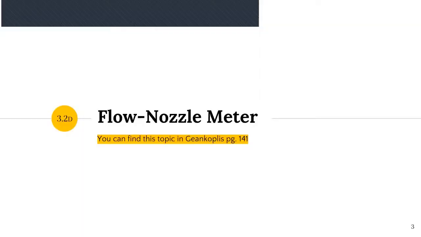So we go to the flow nozzle meter. You can find this topic in John Coplis on page 141. So please open the book when you listen to this class. I do not bring my 4th edition book.